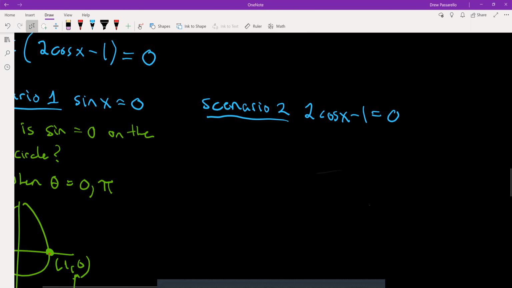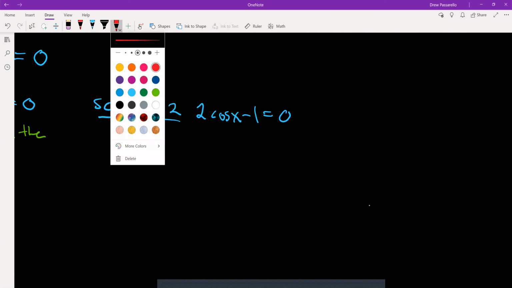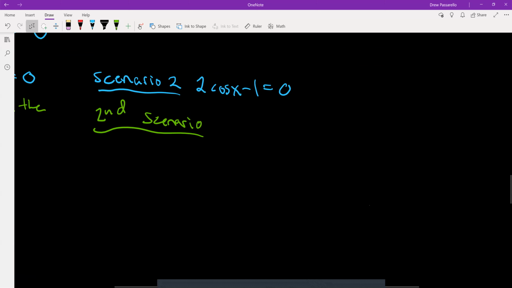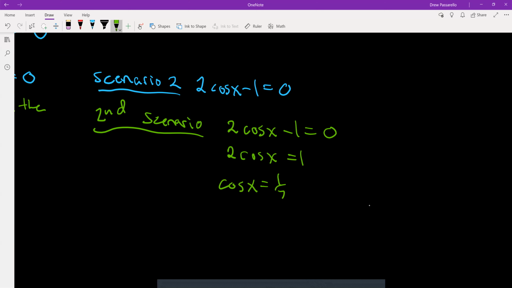Now for the second scenario, if I were to solve this, I would add 1 to both sides and then divide by 2. So if I add 1, that gives me 2 cosine x equal to 1. Then I divide by 2. That means cosine x is 1/2.